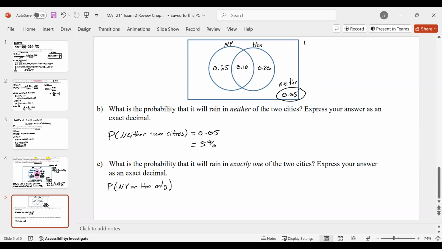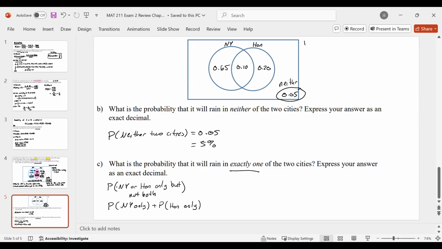So one or the other, but not both. So exactly one. Or you can write it as the probability of New York only plus the probability of Honolulu only. That's another way of thinking about it. So it really just depends on what interpretation sounds the best for you.